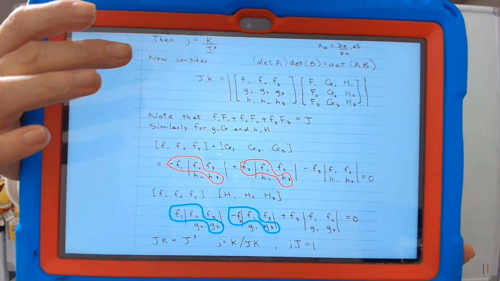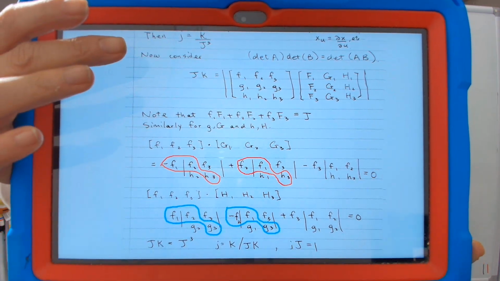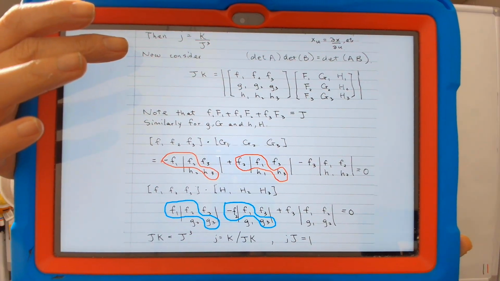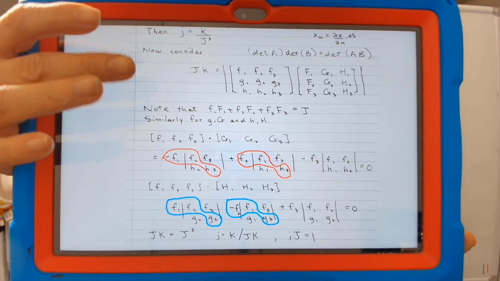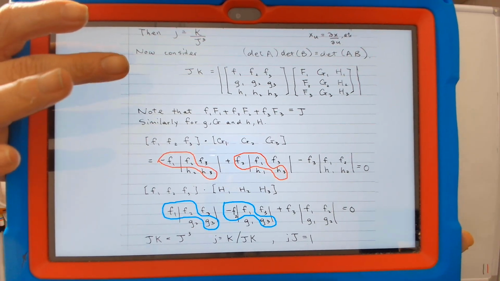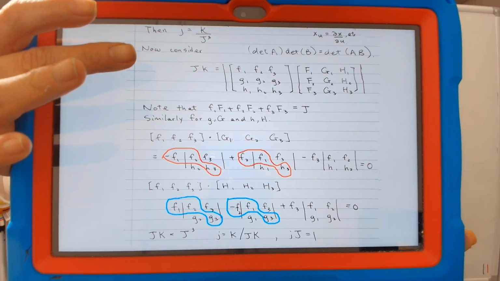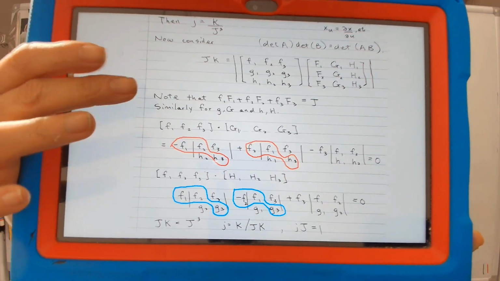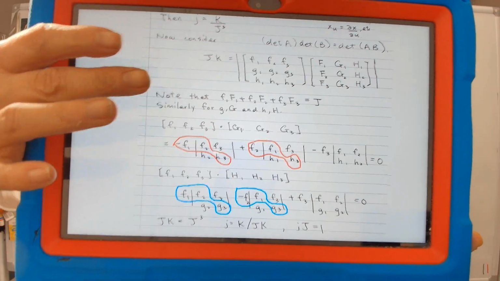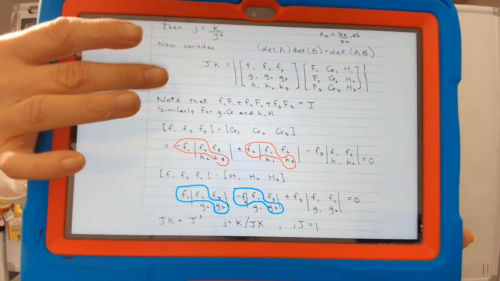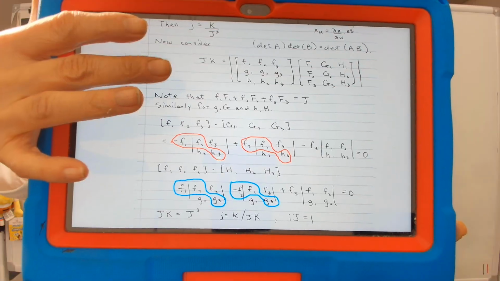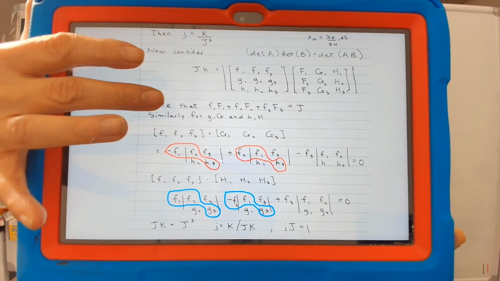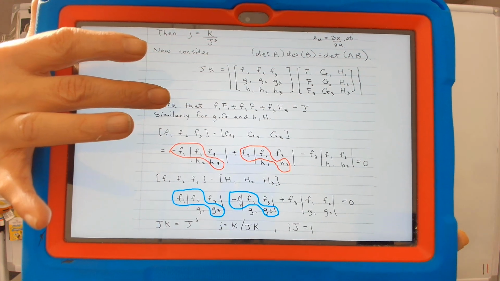Well, the way I did it is I did the matrix multiplication. That is, remember I mentioned a while ago, to calculate the product of 2 determinants, you can multiply the matrices together, the way matrices multiply, and then calculate the determinant. Okay, that's one of the rules. So knowing that, we take the first row multiplied by the first column, like you do in matrices, and you will quickly notice that that happens to be j.